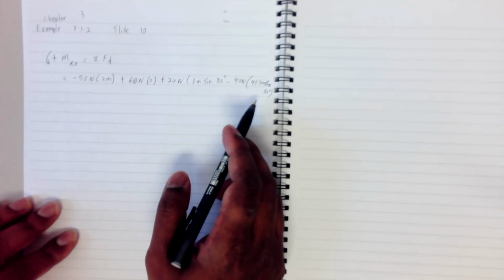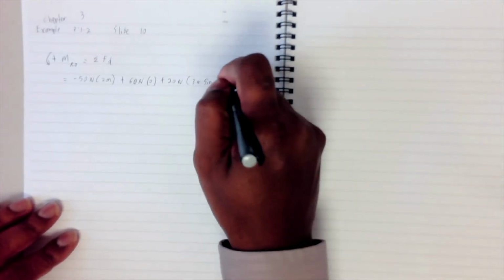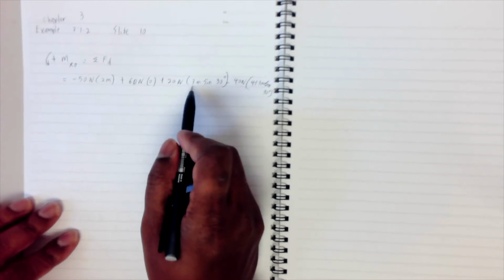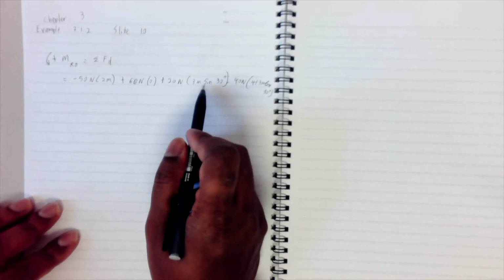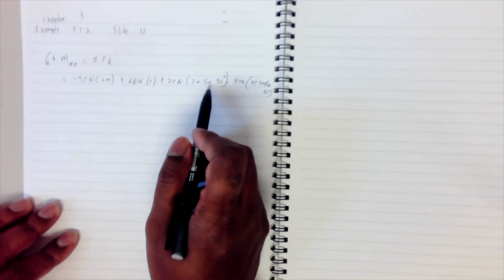Because the 3 meter we want to resolve according to the x-axis, and for this part, the 3 meter sine 30, the 20 Newton acting on that part, we resolve into 30 degrees.